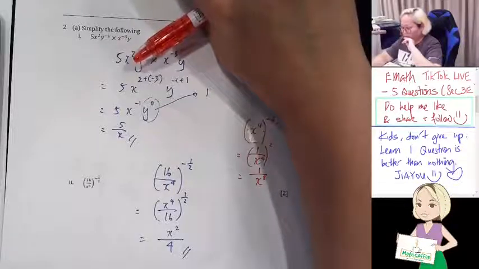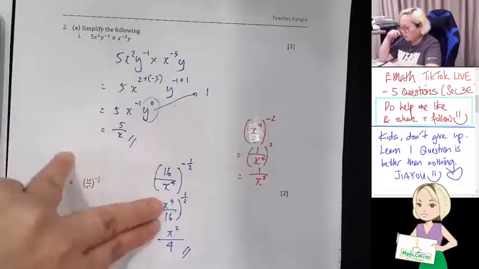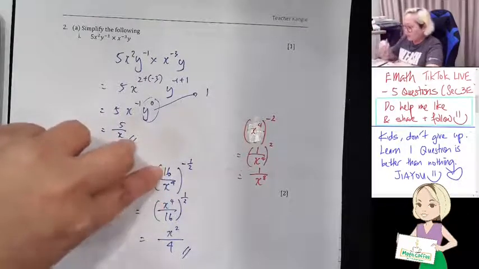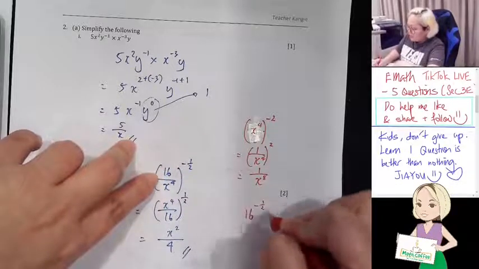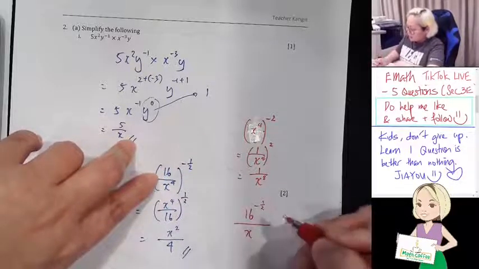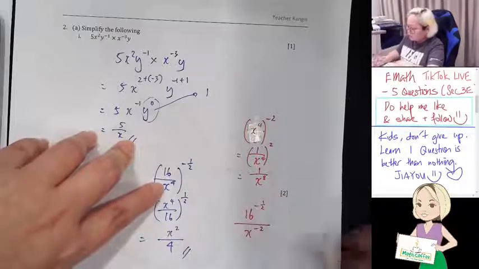16 over x to the power of 4, to the power of minus half. No. As in you don't, you just swap. You see, if you're going to bring it in, it's actually 16 to the power of minus half over x. 4 times minus half, it will be minus 2. In this way, right?